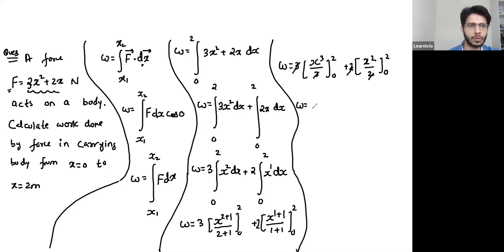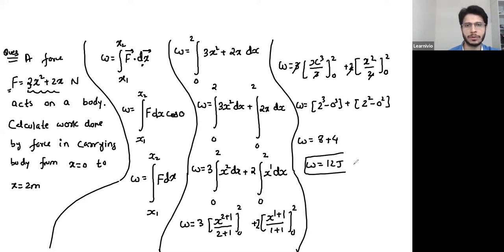The work done is 2 cubed minus 0 cubed plus 2 squared minus 0 squared, which is 8 plus 4. So the work done is 12. This is the total work done in this case: 12 joule for a variable force.